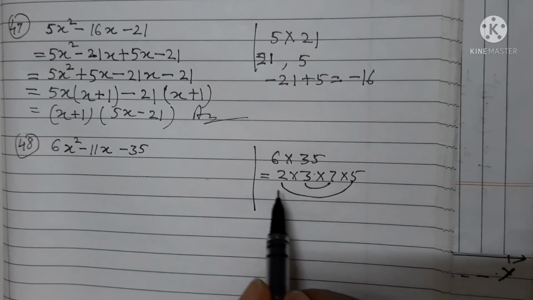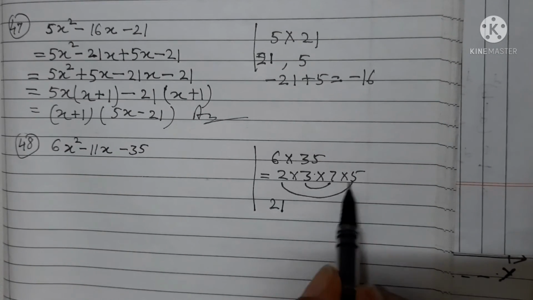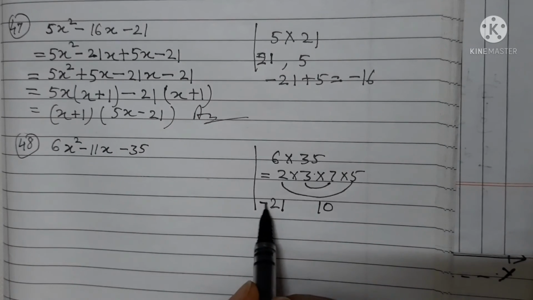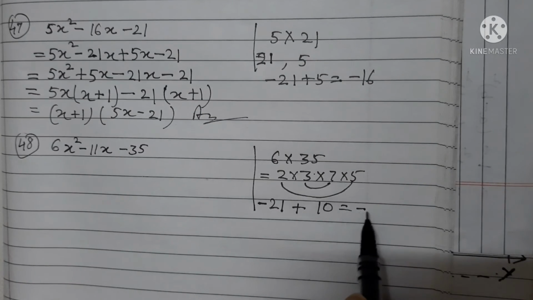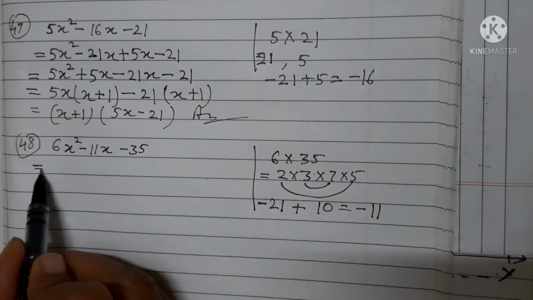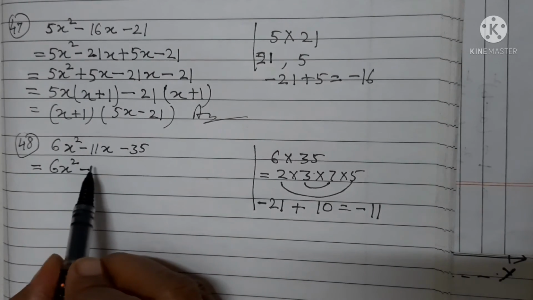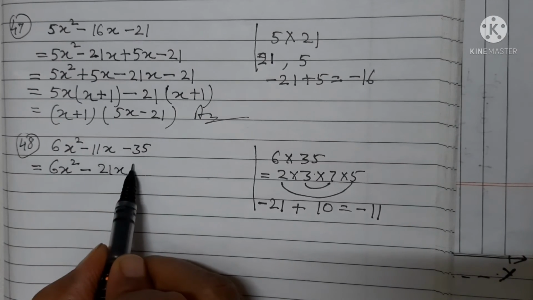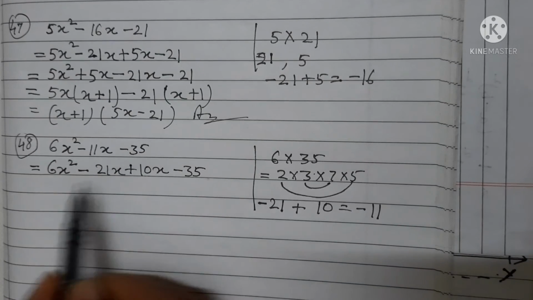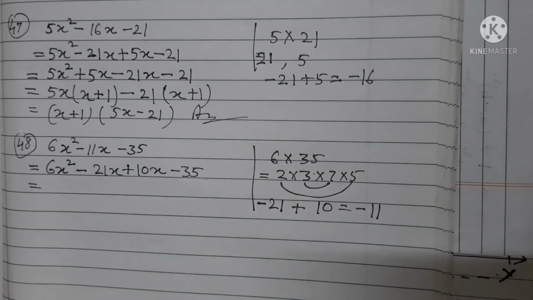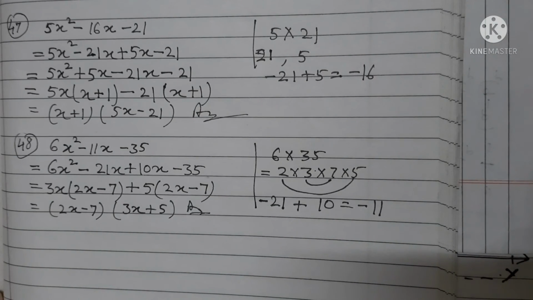Taking these two together, 21 and 10, because it is negative, the minus sign goes for the bigger number. So you will get minus 11, and now 6x square minus 21x plus 10x minus 35. Now take common and solve it. Now see the solution of 48. Next question number 49.